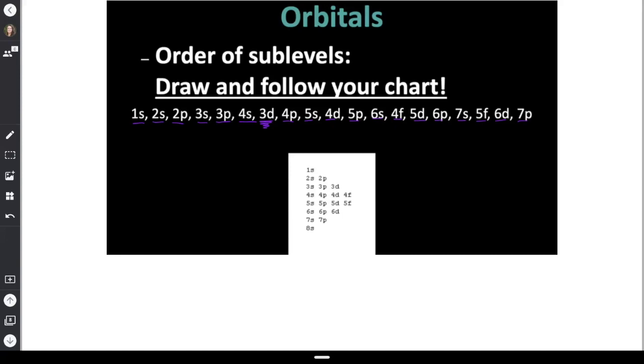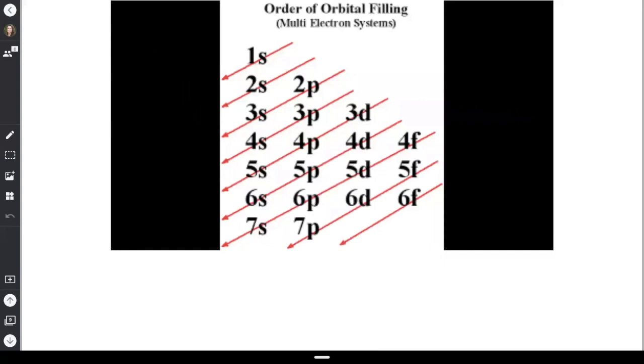All right, so how do we draw that chart? Taking a look at this here. Remember, you have 7 energy levels because there are 7 rows on the periodic table. And then you have 4 orbitals max per energy level. And so we're going to look at how we get this path. If you'll follow along with the order that was written on the previous slide, we go from 1s, 2s, 2p, 3s, 3p.